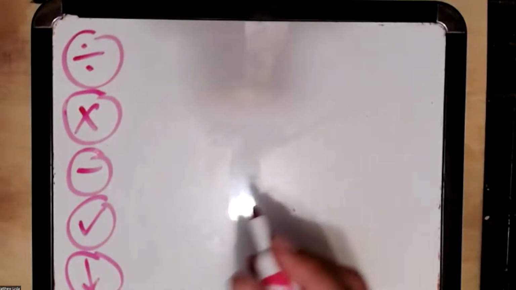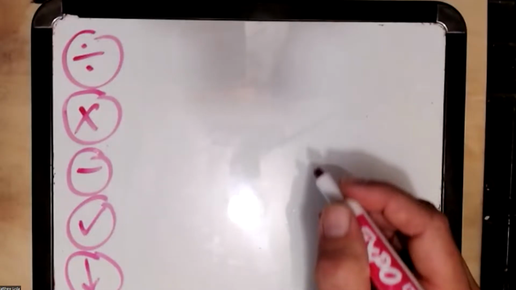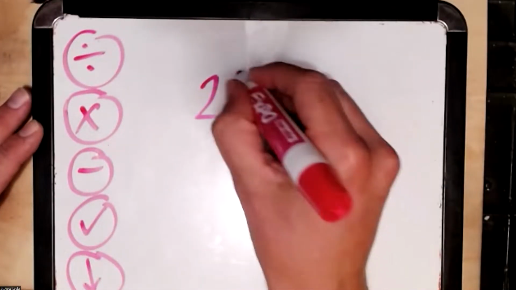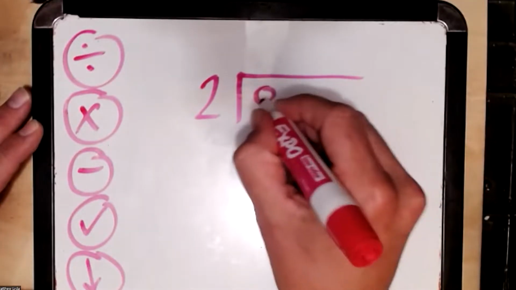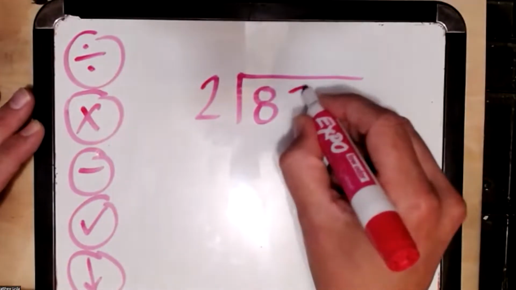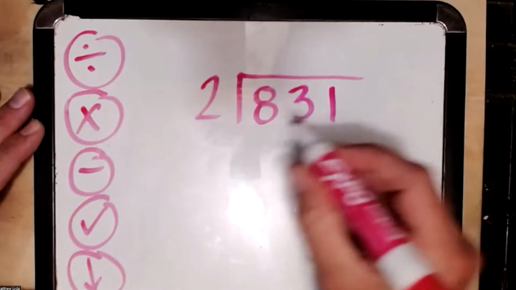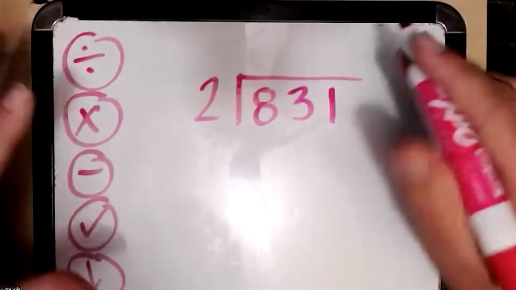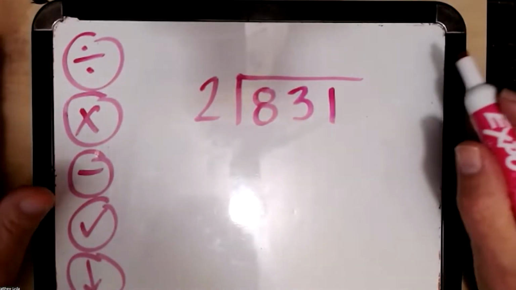And so when we have a long division problem, we'll just go with, let's say, 831 divided by 2. So I like to call this two-handed division.